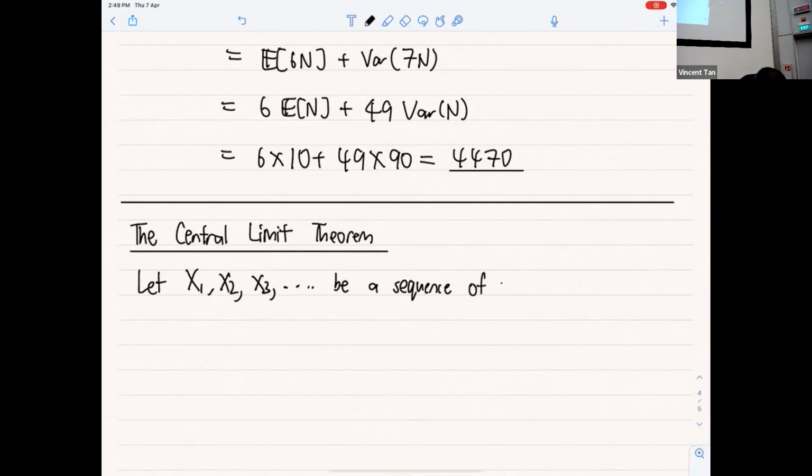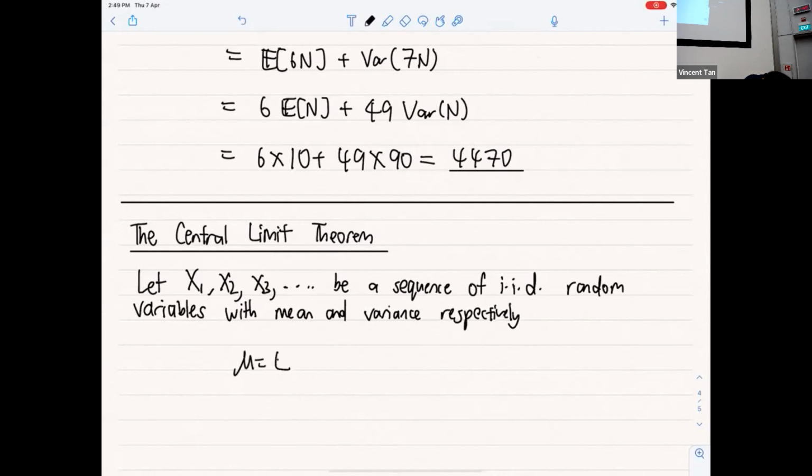A sequence of IID random variables. Now I'm going to explain what IID is in a moment. Let X1, X2, X3 be a bunch of IID random variables with mean and variance respectively.